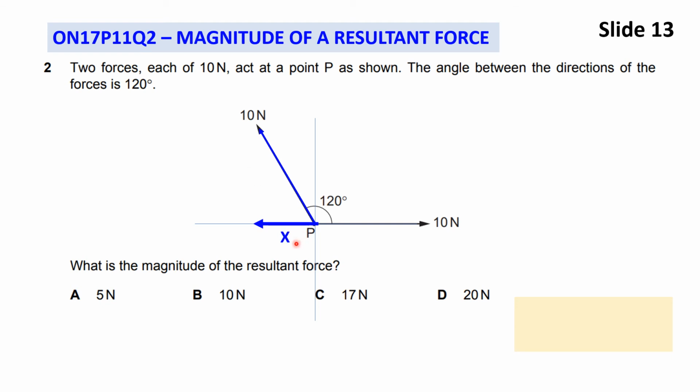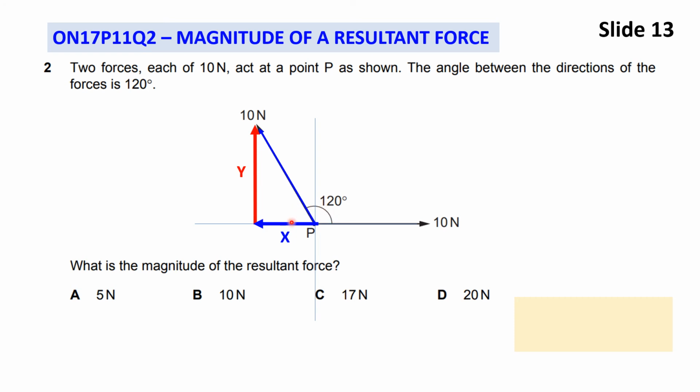Here we have the X component of 10 newtons, and here we have the Y component of 10 newtons. Notice that I could move this red arrow to align with the Y direction, but I want to close this right triangle.